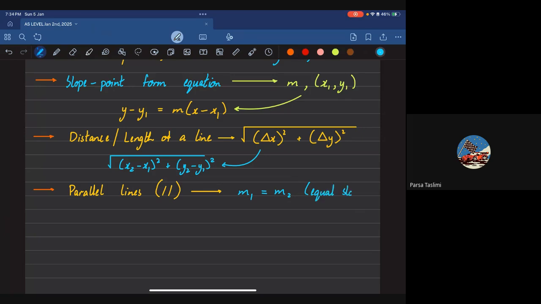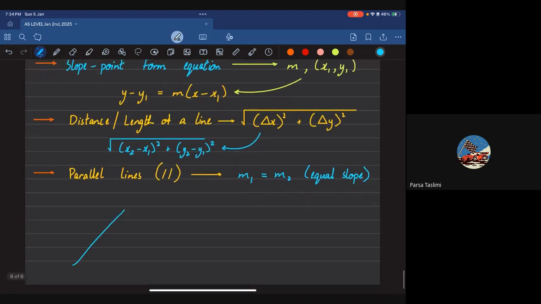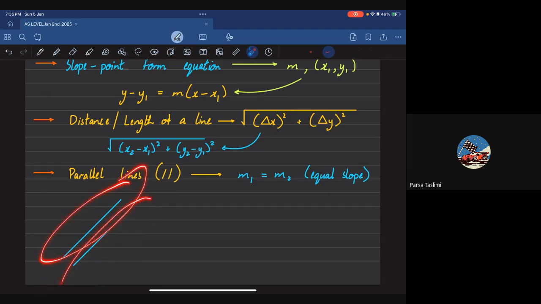How is it common sense? Let's see. For example, if I draw two parallel lines, this is a line, and I'll duplicate the other one. Technically, gradient or slope is the angle at which it's bent, right? Both these lines are at that one particular specific angle.